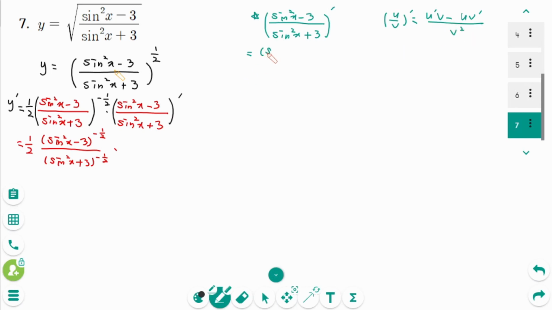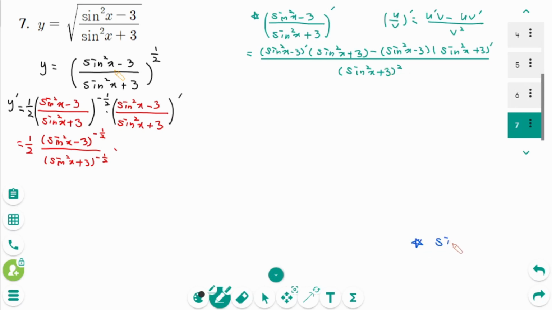So sine squared x minus 3 prime times sine squared x plus 3 minus sine squared x minus 3 times sine squared x plus 3 prime over sine squared x plus 3 squared.